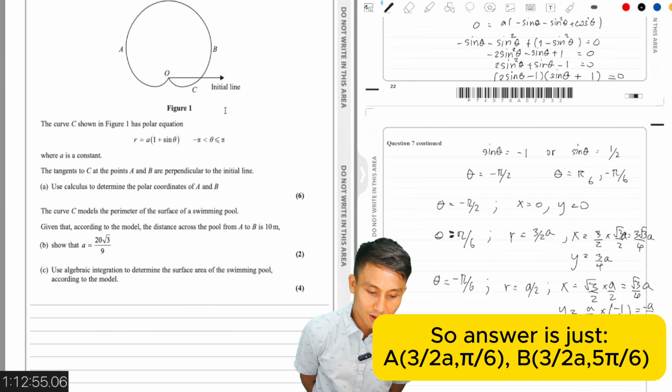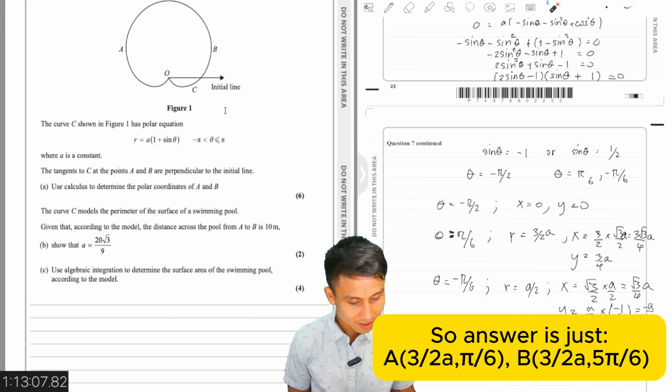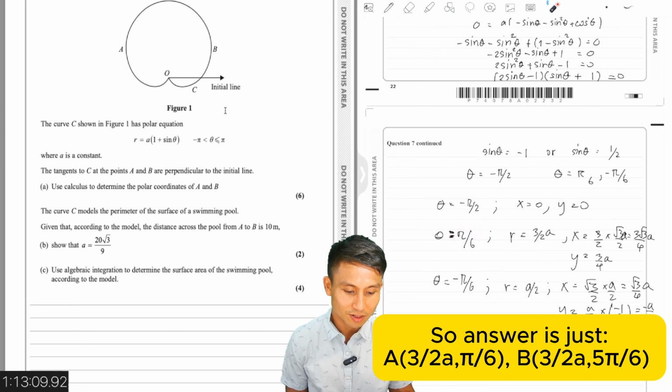R is 3 over 2a. So x is, oh wait, x is r cos theta. Cos of this, oh that's right. Cos of this is root 3 over 2. So that should be right.